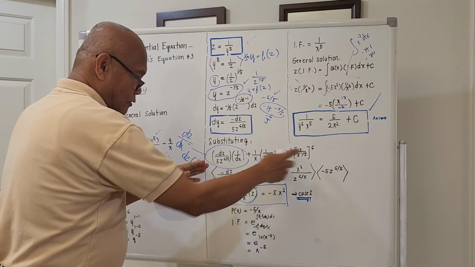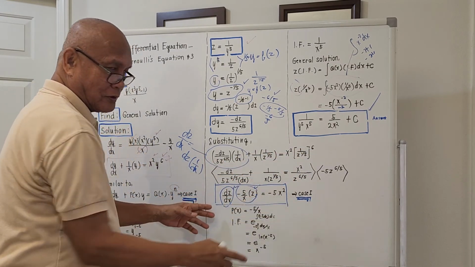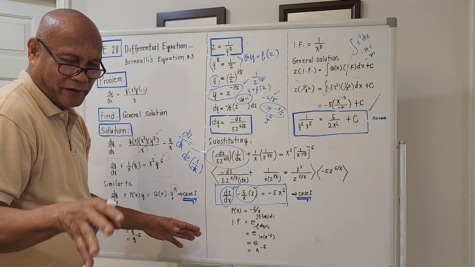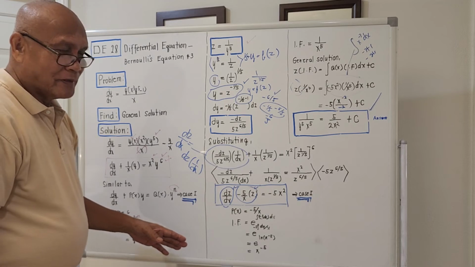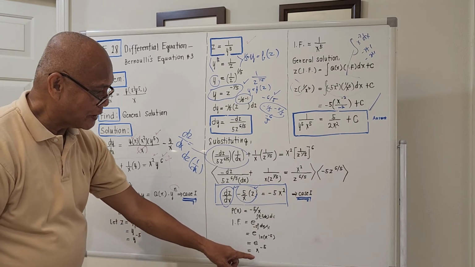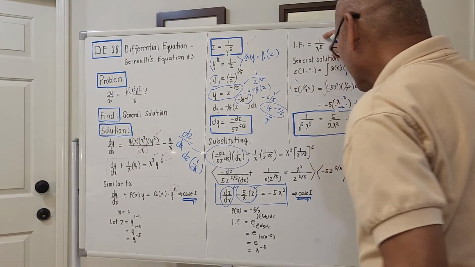After the simplification, what comes out is actually a differential equation solvable by using integrating factor. And by computing the integrating factor, what comes out is actually x to the negative 5, or simply 1 over x to the fifth.